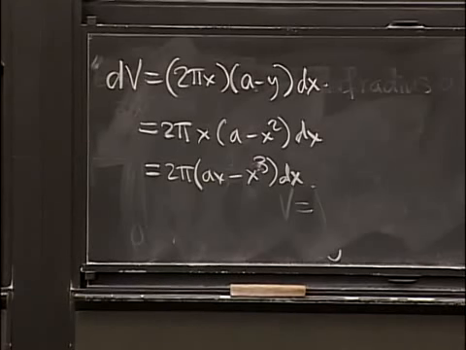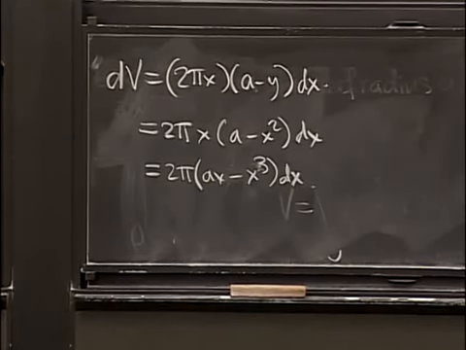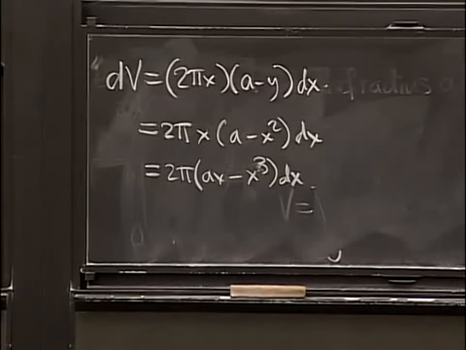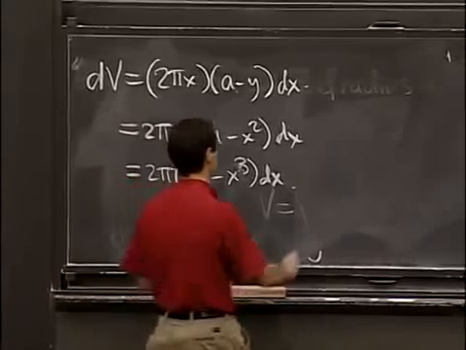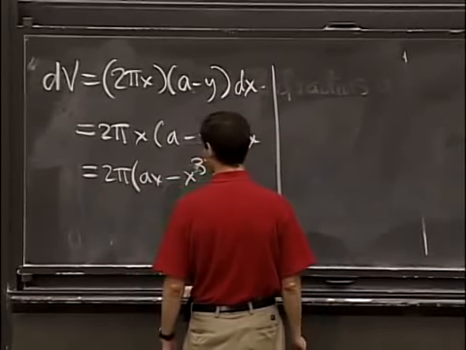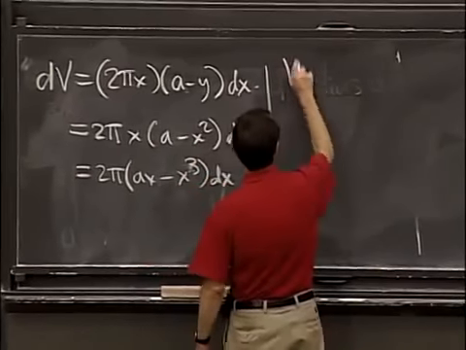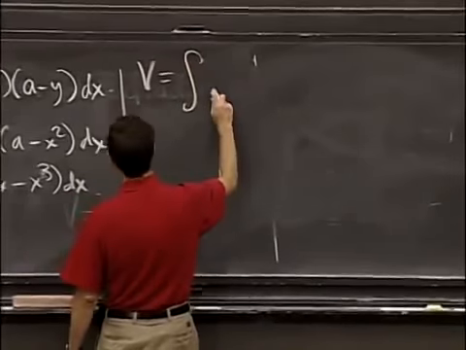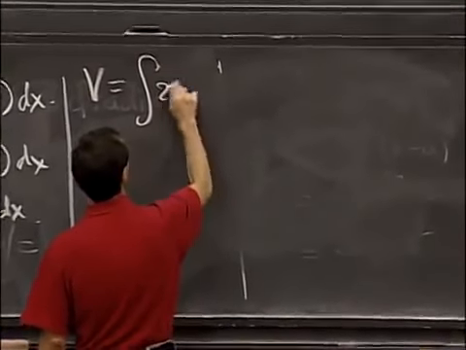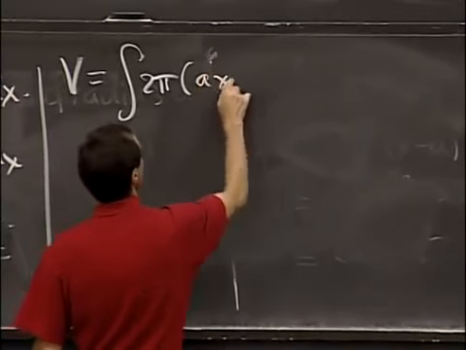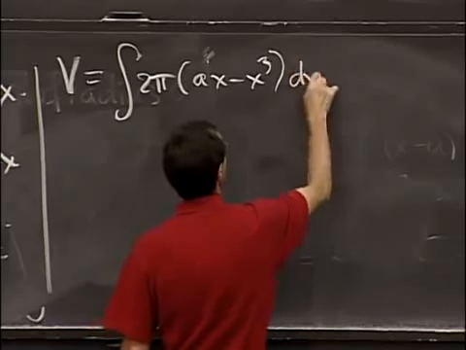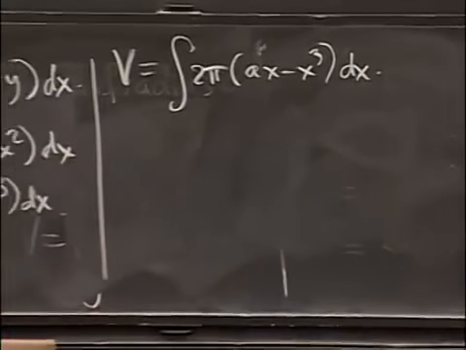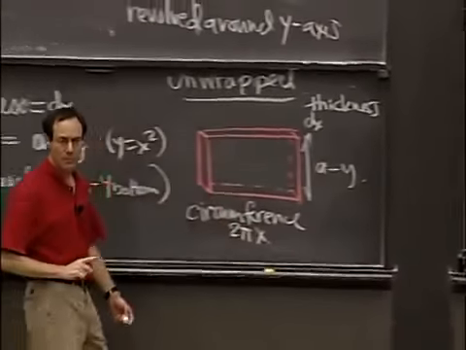And now the last little bit that I had better be careful about, in order to figure out what the total volume is, is the limits. So the volume is going to be the integral of this quantity, 2 pi times ax minus x cubed dx. And now I have to pay attention to what the limits are.